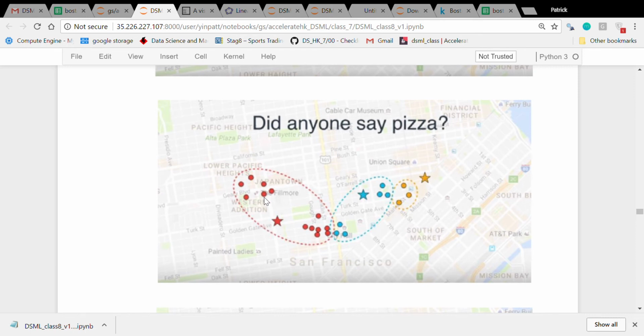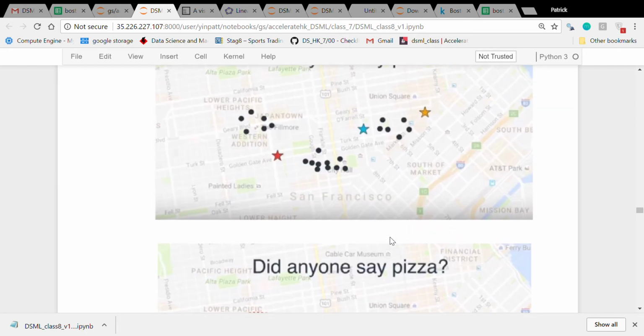Okay, let's say I go to this dot, because the red one is closer, I just paint it as red. And for this dot, compared to the blue and the red, it's closer to red, so I just paint it as red. Okay, now I have 3 groups. But if you look at it carefully, it's not very optimized.